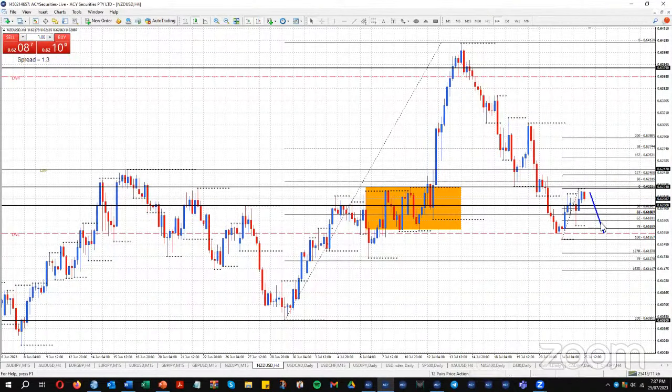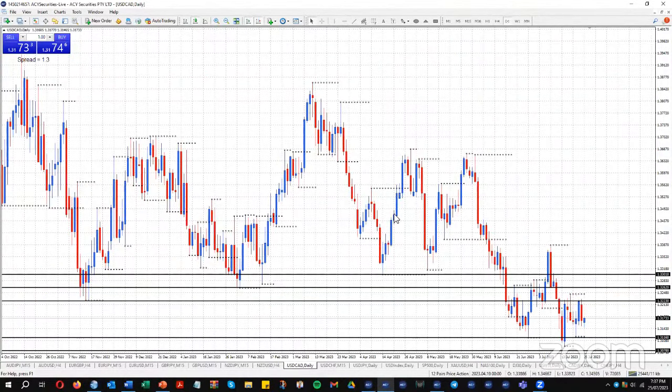We might see a 79% retracement back down to last week's low. And then you might see this area being the support area to get long, where price might react down, hold, and then start to drift back up. So that would be a good area to watch too.